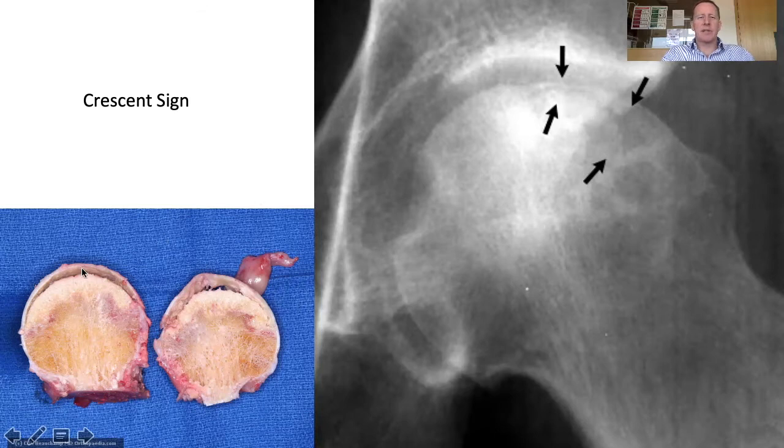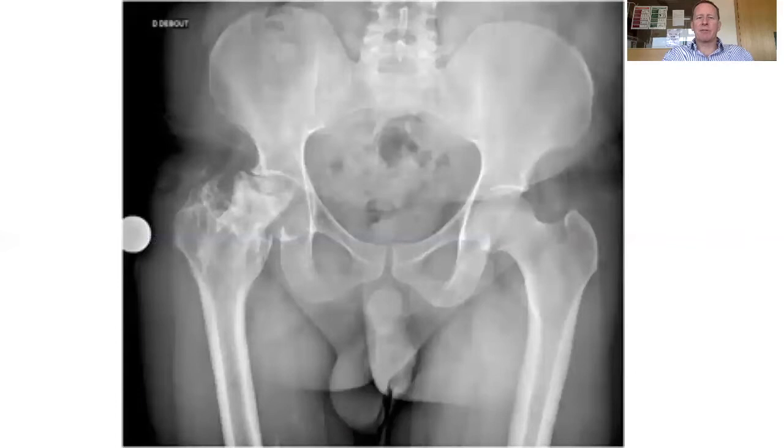And here you see what's going on histologically, where the subchondral bone is collapsing back from the cartilage, and that gives you the double shadow on an X-ray. And finally, of course, the worst case scenario end result is complete destruction of the femoral head and severe osteoarthritis. We don't want to get to that stage if we can help it.